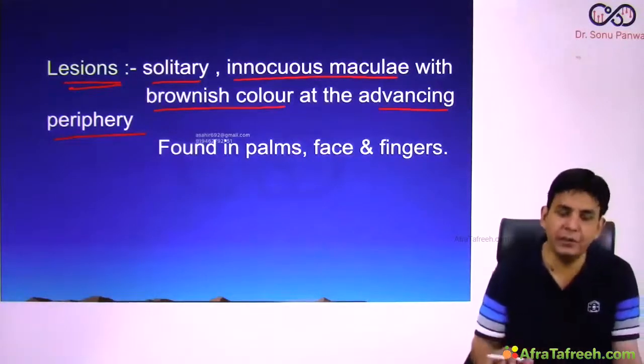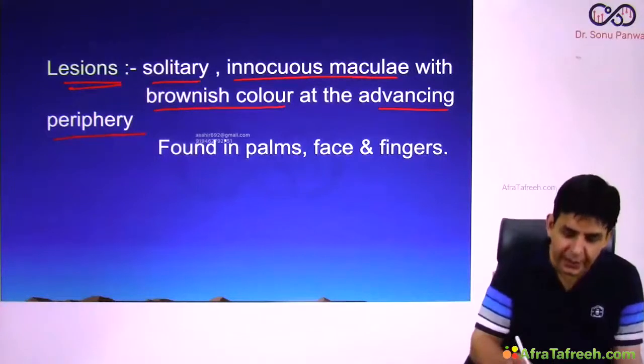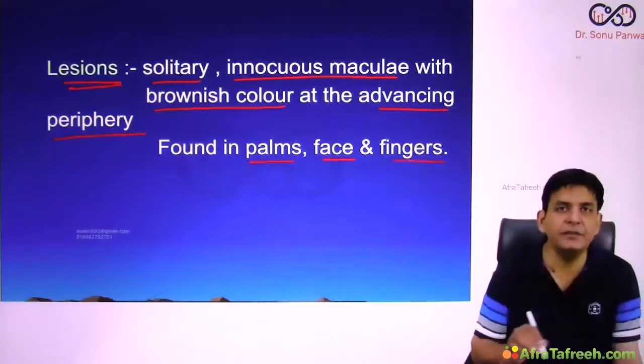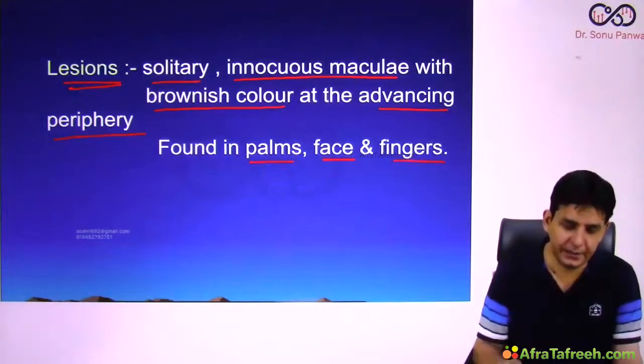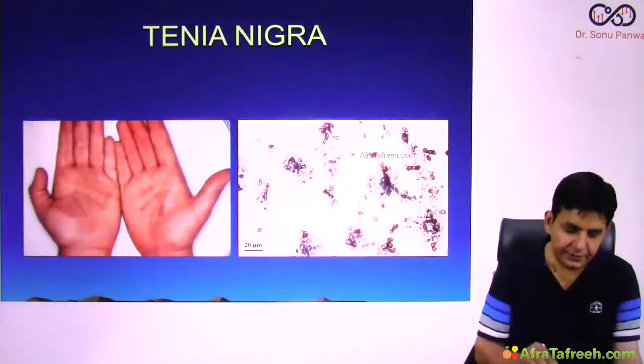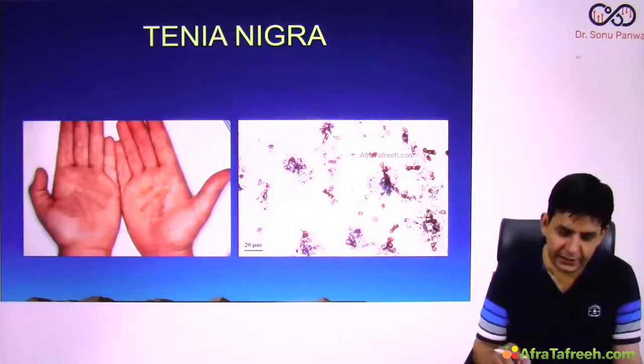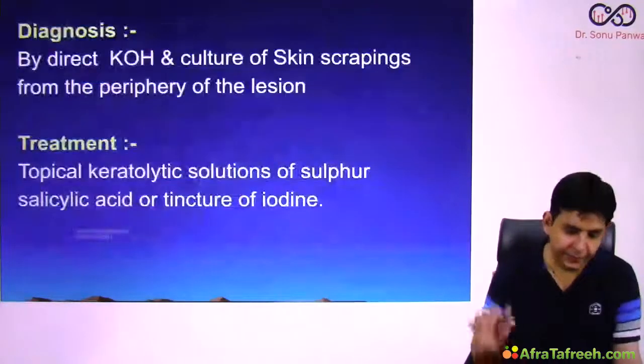They turn out to be brown in color, and mostly they are found on the palms, face, fingers, and even the soles. That is tinea nigra.